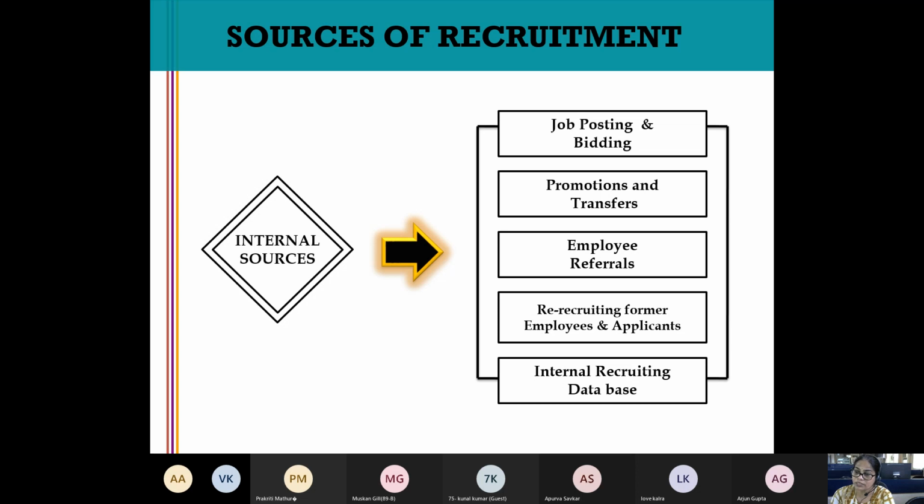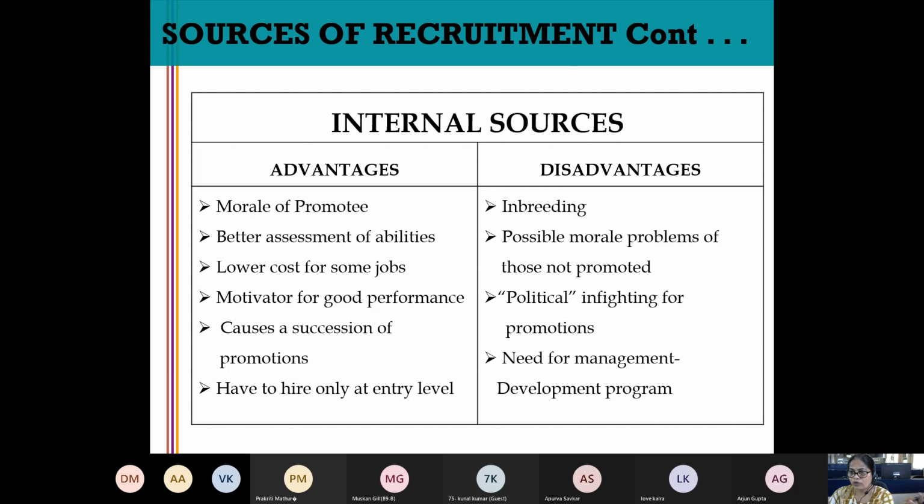They also provide some kind of incentives for bringing in the best personnel. So that is what you call employee referral. Then recruitment of former employees or applicants, those who are existing or just left the company. And then the internal recruiting database is also one of the sources.